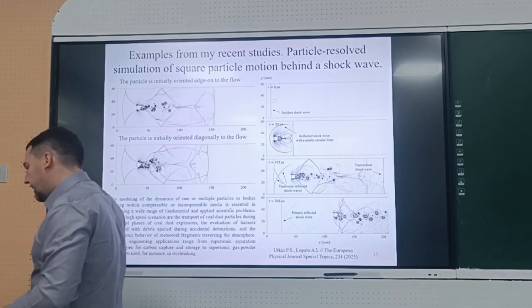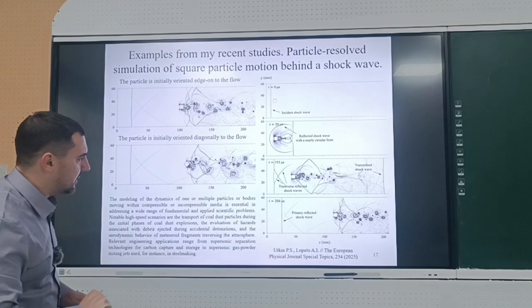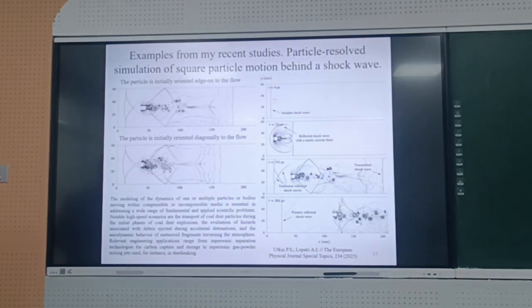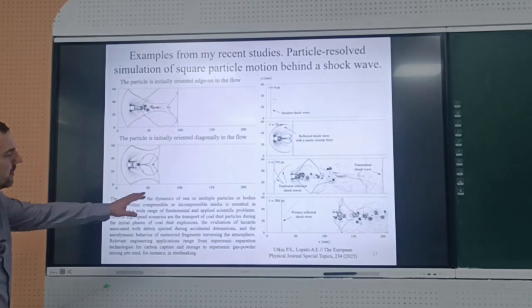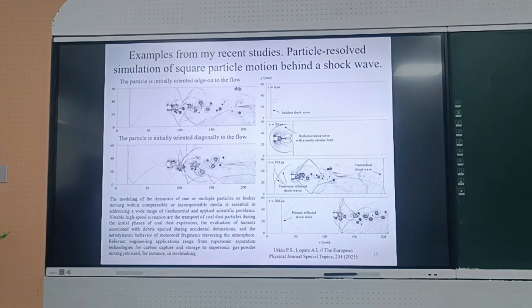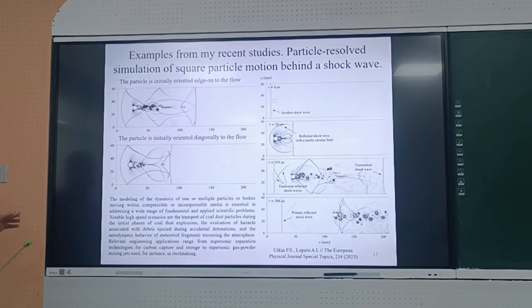I would also like to show you several examples from my scientific research. For example, particle-resolved simulation of square particle motion behind a shock wave. The modeling of the dynamics of one or many particles or bodies moving within compressible and incompressible media is essential in addressing a wide range of different applications.